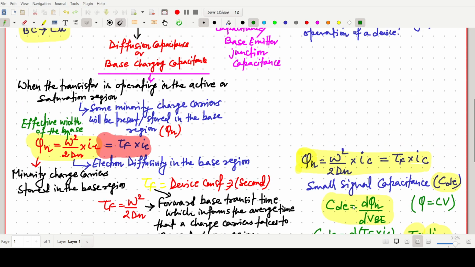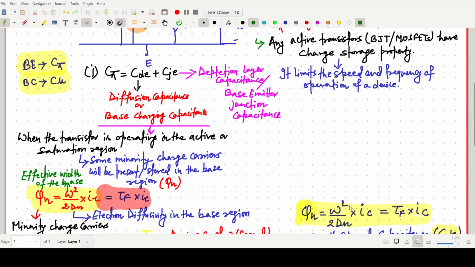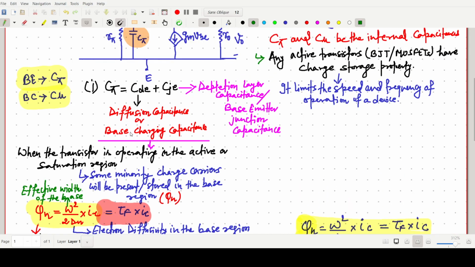This one is some theory section behind this CPI. In CPI, we have already discussed the CDE, diffusion capacitance or base charging capacitance. When the transistor is operating in the active or saturation region, then some minority charge carriers will be present in the base region.